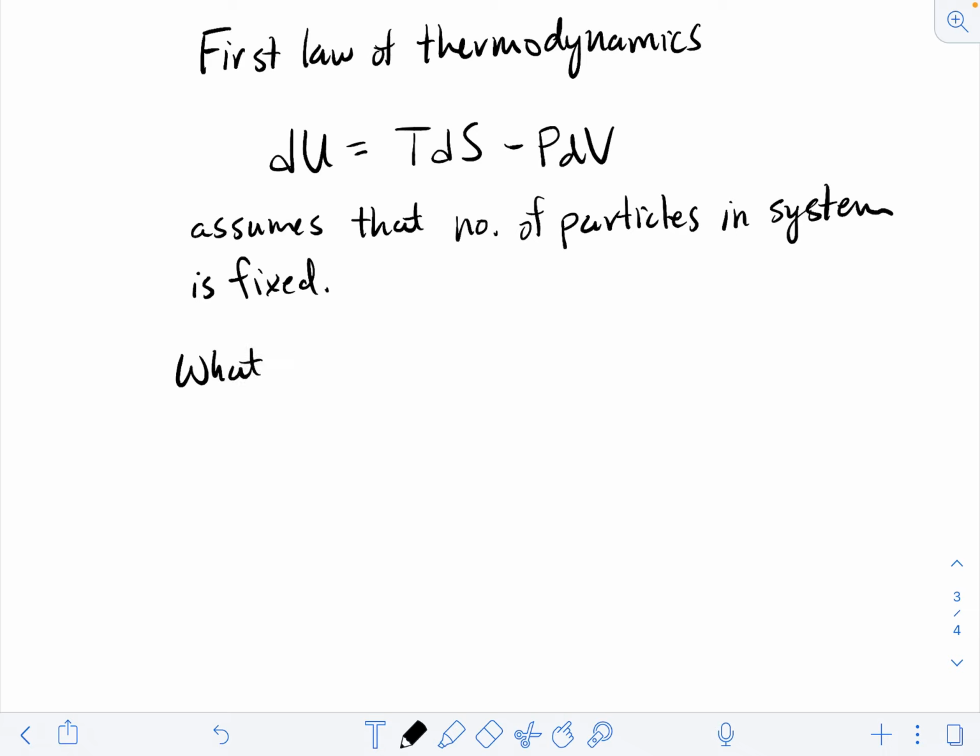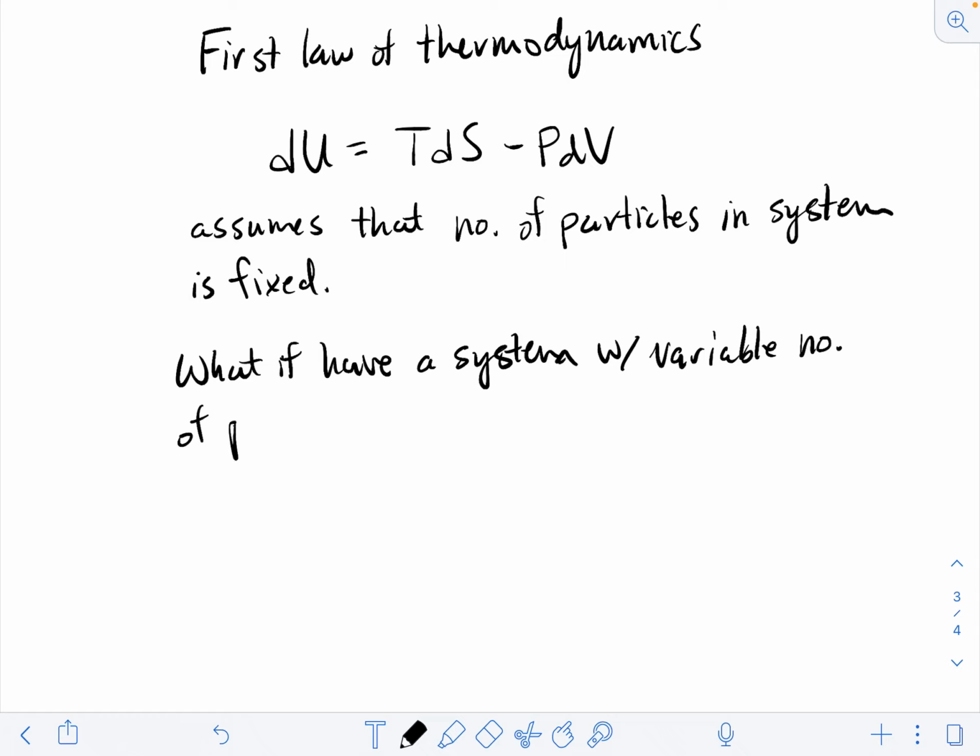But what if we had a system with a variable number of particles? An open jar or something like that. Then you could certainly imagine that as our system loses or gains particles, its internal energy would be changing. And so maybe we have to generalize this first law.